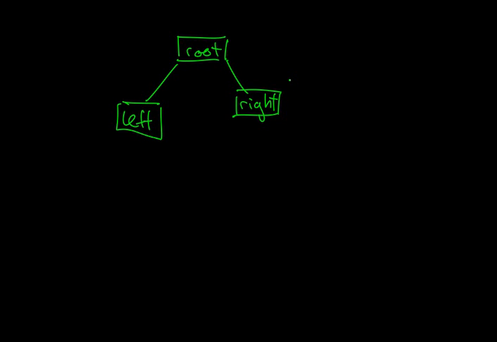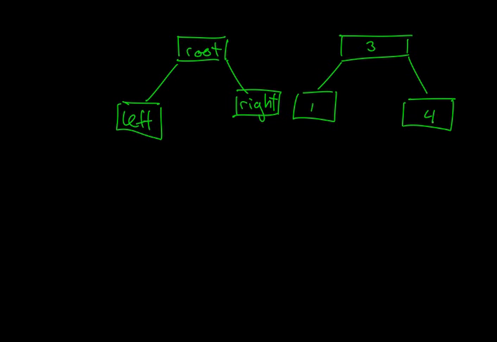Well, since a binary search tree is always ordered in this form, for example, now let's say you wanted to add 5 to this tree. Well, you know that you would have to add it somewhere here because 5 is bigger than 3 and 5 is bigger than 4.